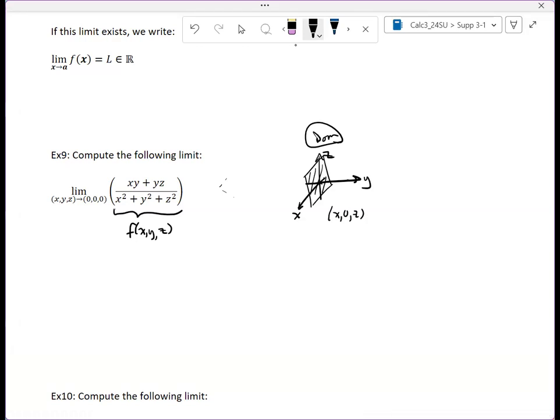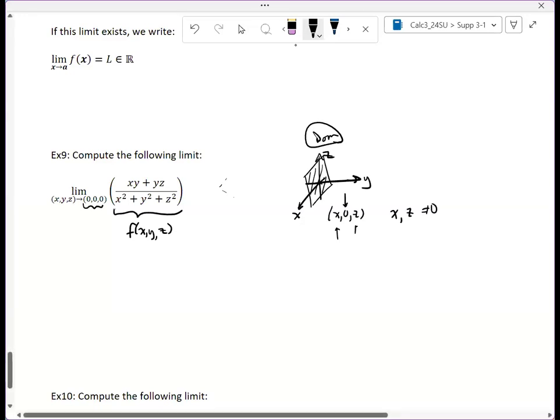Of course, as x and z go to 0, we work our way towards this limiting point, the origin. So it's perfectly reasonable to stick a 0 there. I wouldn't want to stick a 1 there for y, because then I can't get arbitrarily close to 0, 0, 0. But by sticking y equals 0 in there, and of course, at least one of x and z not equal to 0, we are staying away from this point.